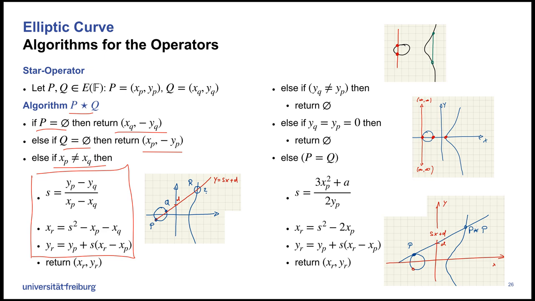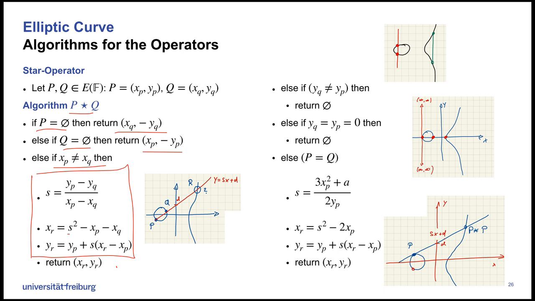You don't have to know the elliptic curve, which is A and B, the parameters here, but you can just calculate it from this one. Another nice thing is you have division, you have subtraction, and you have to compute a square, and that's it. These are operators which are also available in finite fields. Okay, so that's one thing.